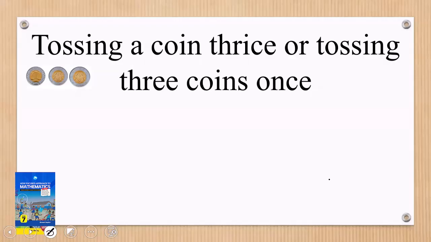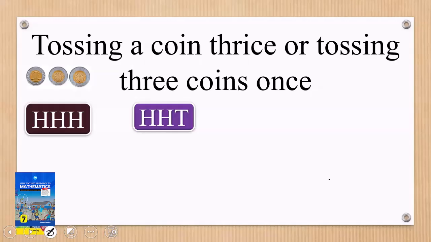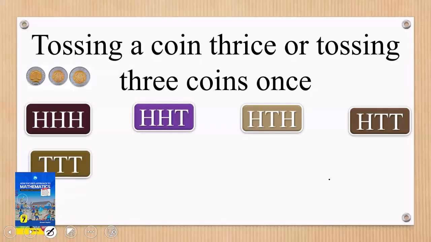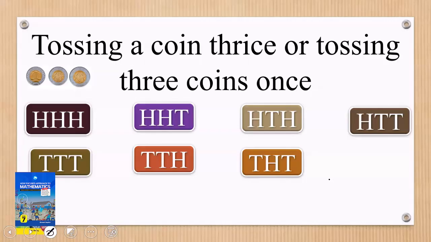When we are done with the 3, either all of them will appear head, or the first will appear head, second head, third tail, or first head, second tail, third head, or head tail tail, or tail head head, or tail head tail, or finally we can get tail tail head. So these are the possible outcomes if you toss 3 coins.